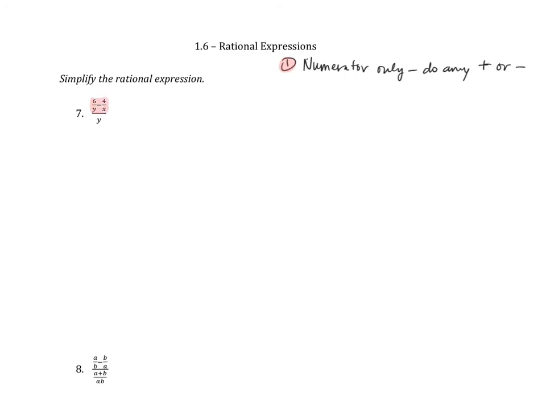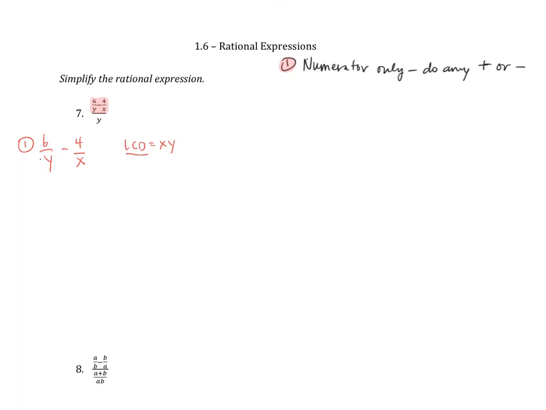So if I'm just looking at the numerator, so this is step 1, 6 over y minus 4 over x. So I need to actually do this subtraction, which means I need to find the LCD. So the LCD in this case is xy. So I'm going to multiply by whatever's missing.